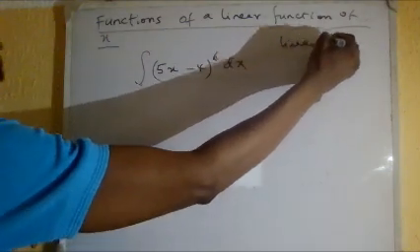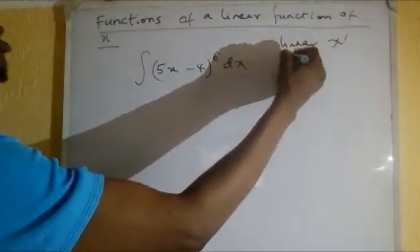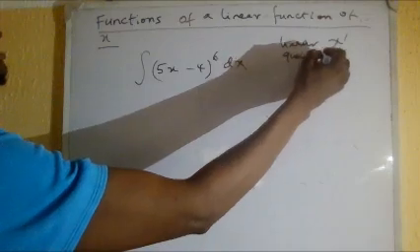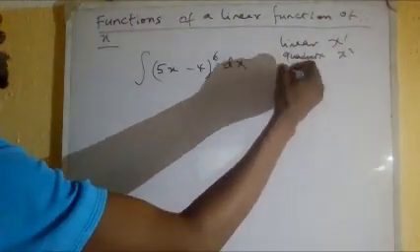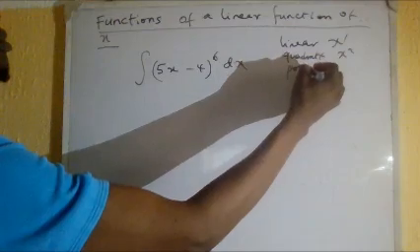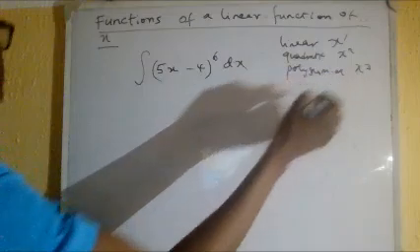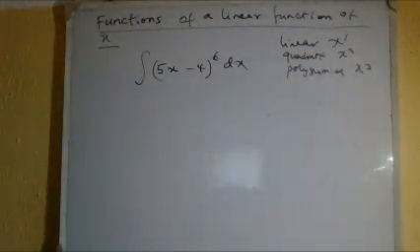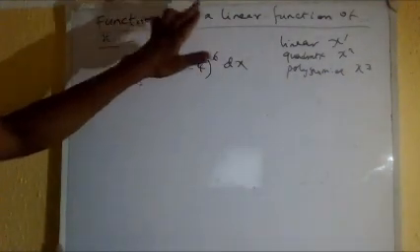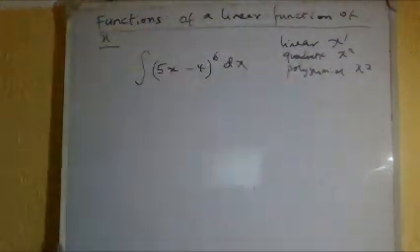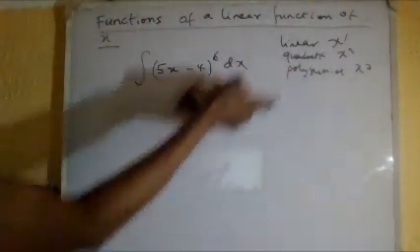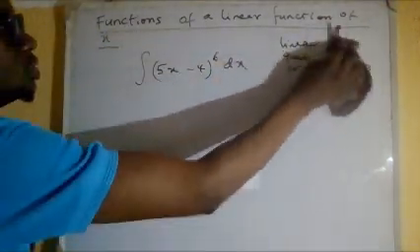You have quadratic, highest power of x is 2. You have polynomial, highest power of x is 3. So this is talking about functions of a linear function of x. So there is this function inside a bigger function.